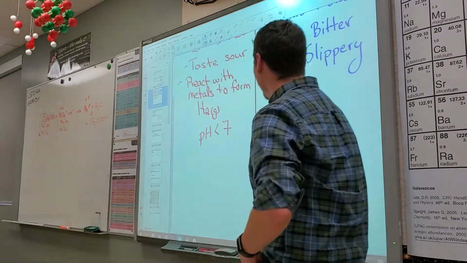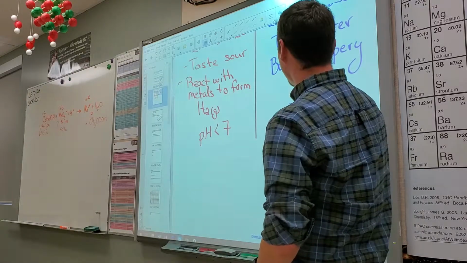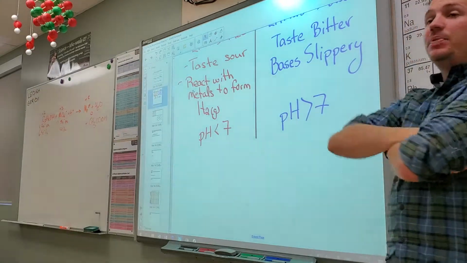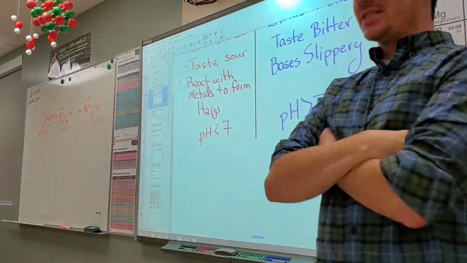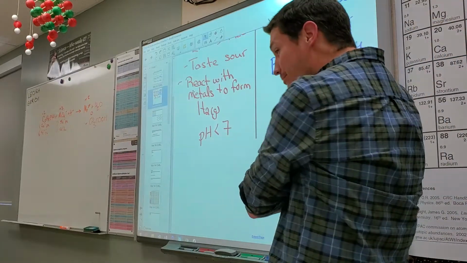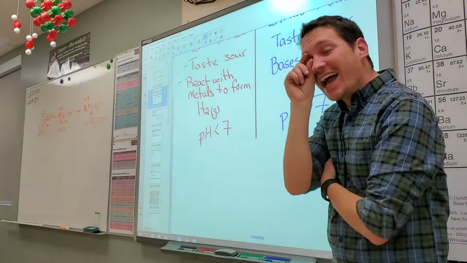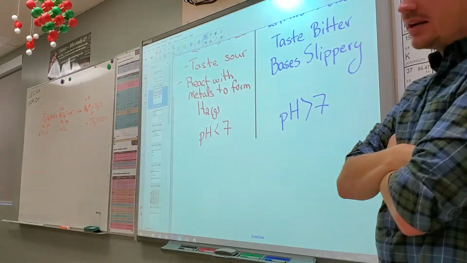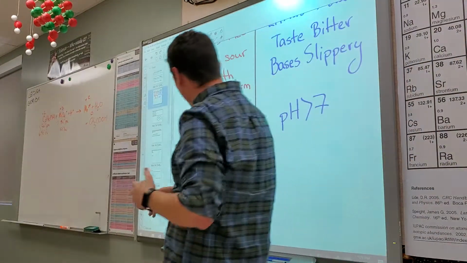A base has a pH greater than 7. So is a pH of 7.5 acidic, neutral, or basic? Basic. It is technically basic. It's the tiniest little bit basic. I would consider it to be neutral, but by a textbook definition, it's basic.